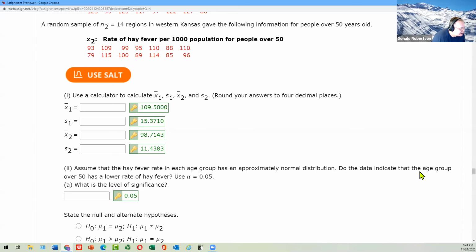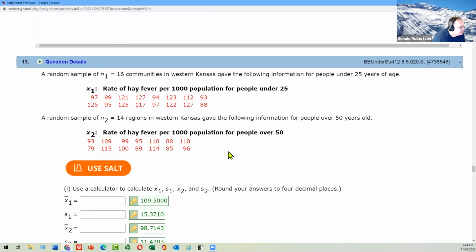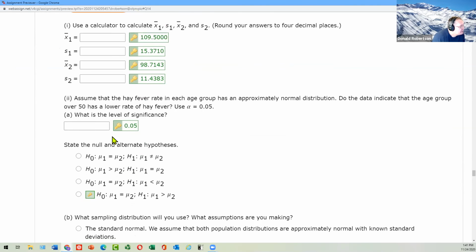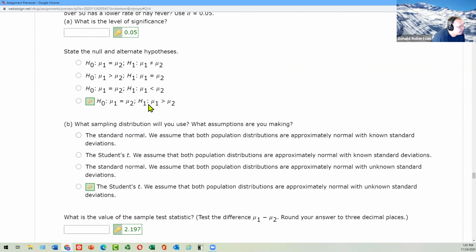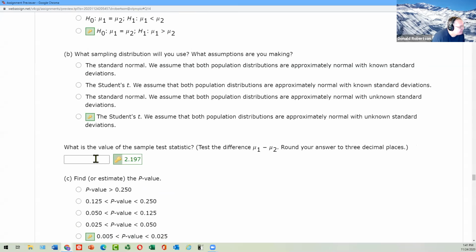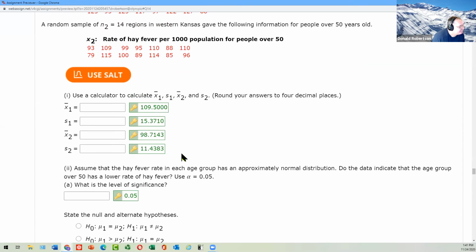Does the data indicate that the age group over 50 has a lower rate? Well, this is the 50, so if they're lower, isn't that 1 is bigger than 2, right? If 2 is lower than 1, 1 is bigger than 2. That's why 1 is bigger than 2. So we're going to come up with these guys, and hopefully it's going to match.